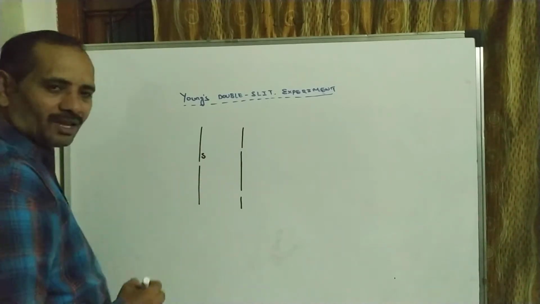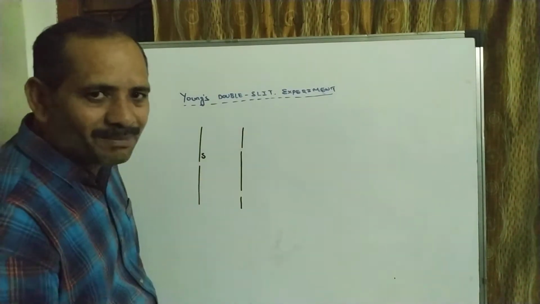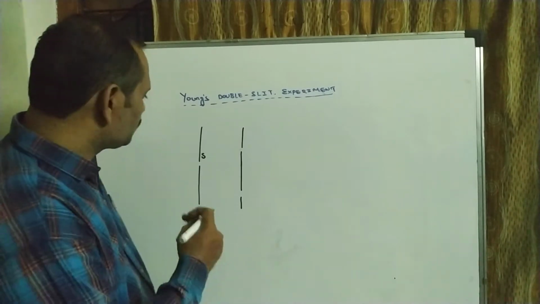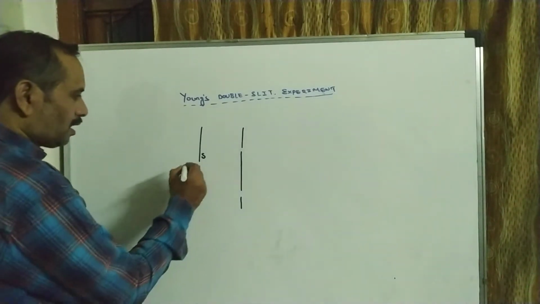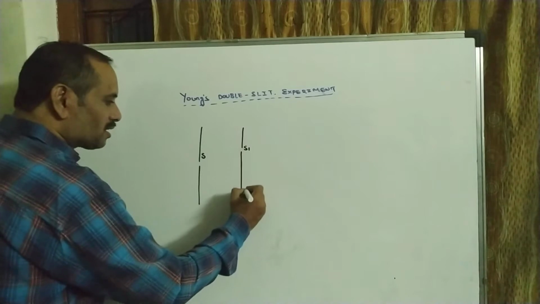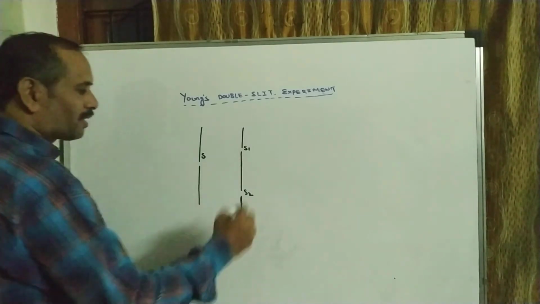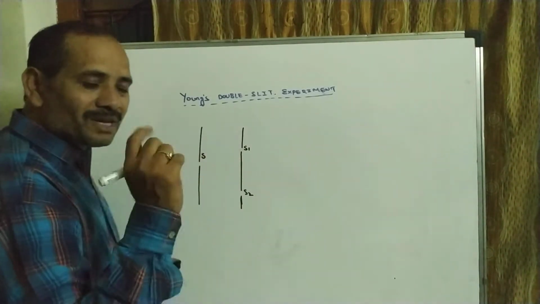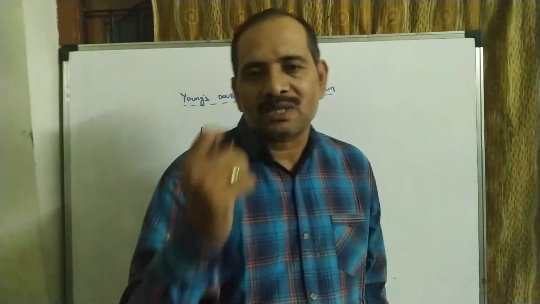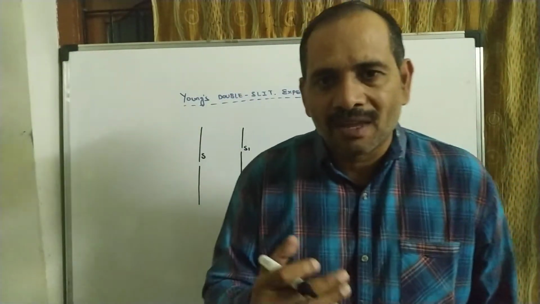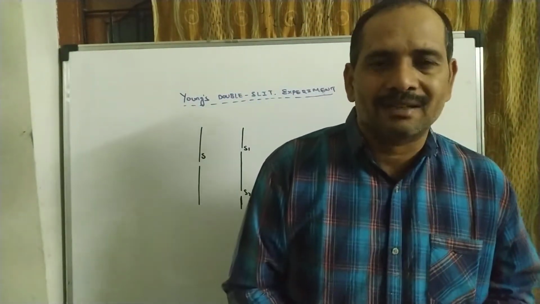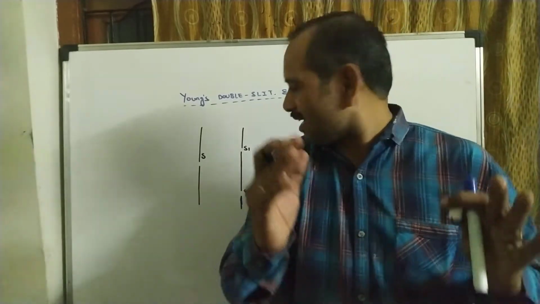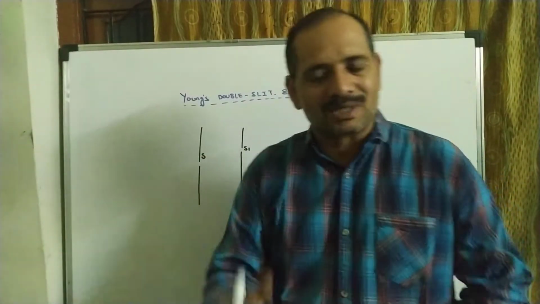S is the pinhole made by Young in the cardboard. S1 and S2 are two pinholes equidistant from S. That means SS1 equals SS2.